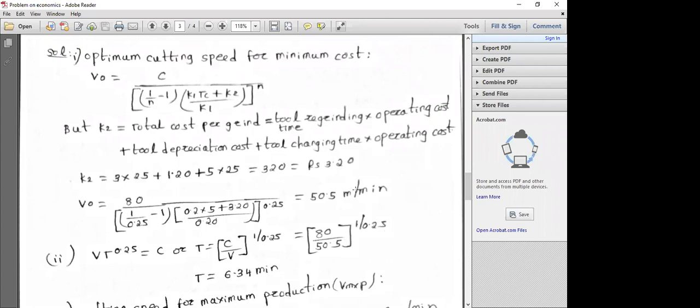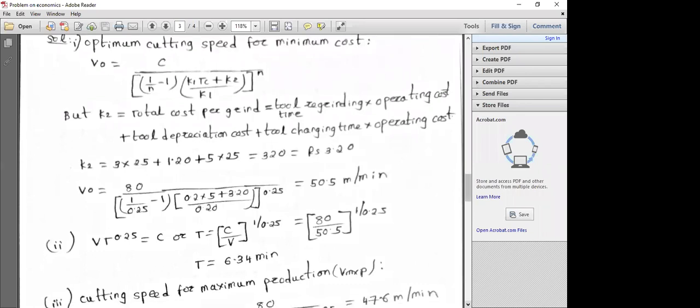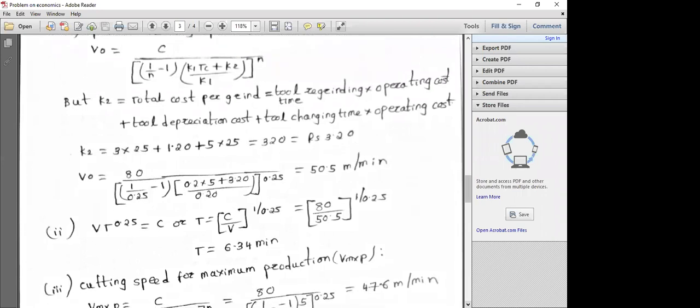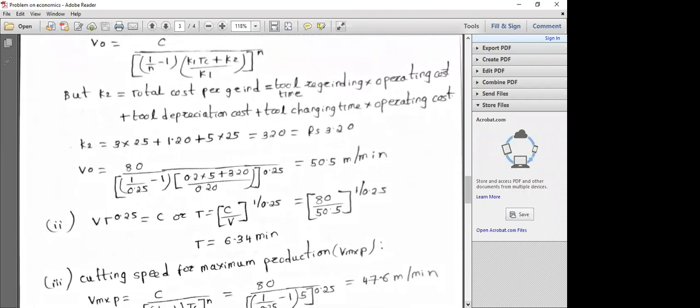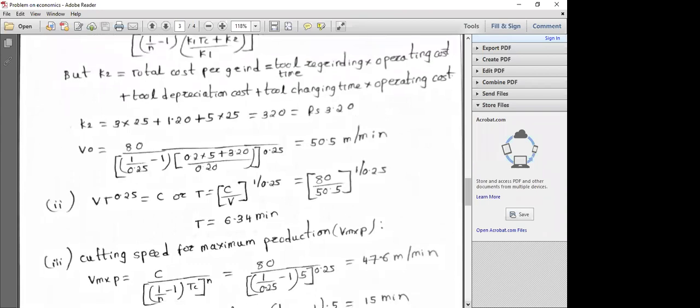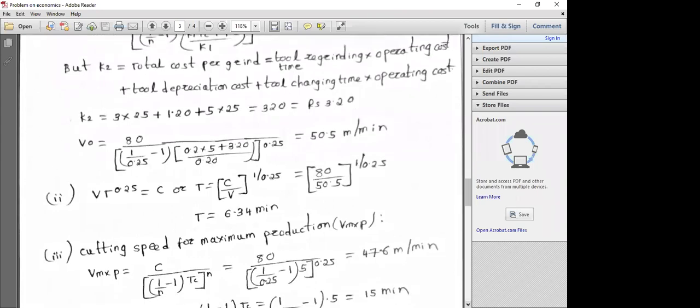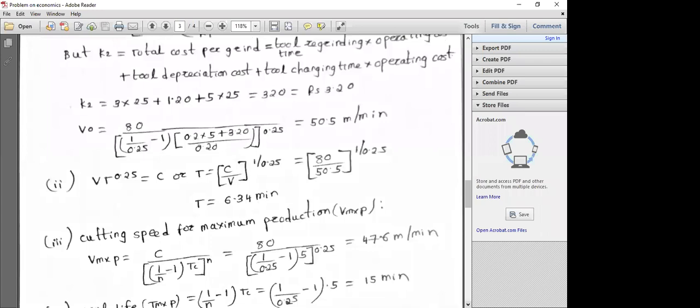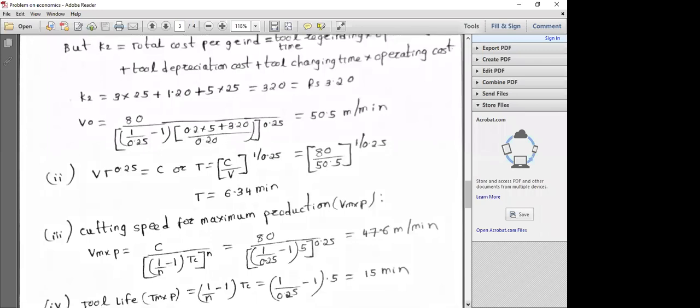For the corresponding cutting speed, you have got 50.5. You substitute that value in Taylor's tool life equation and get some 6.34 minutes. And the cutting speed for maximum production rate, VMPR, we have got in the derivation as C divided by the denominator. You will be getting that as 47.6.